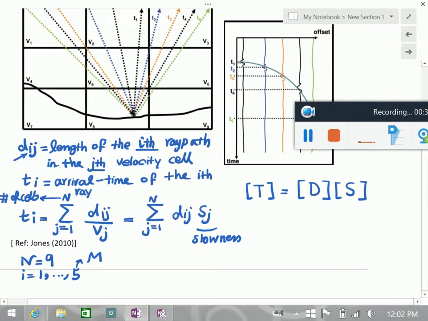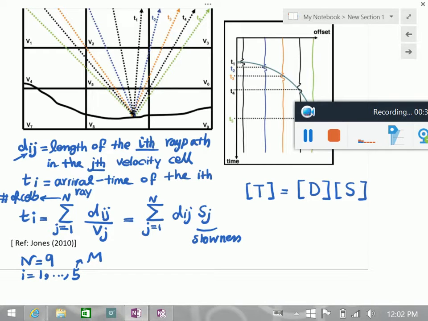Write it down, based on n and m. Just put the size of each one.